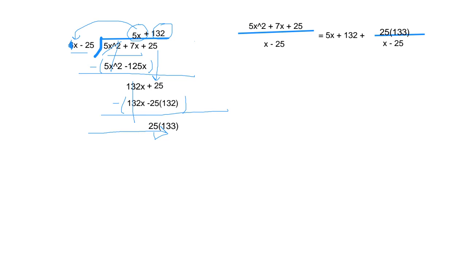In this way, you see this is the dividend, divisor, quotient, remainder. So there are two ways to write this. I hope you see the difference.